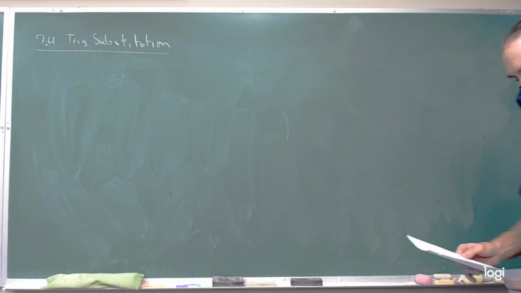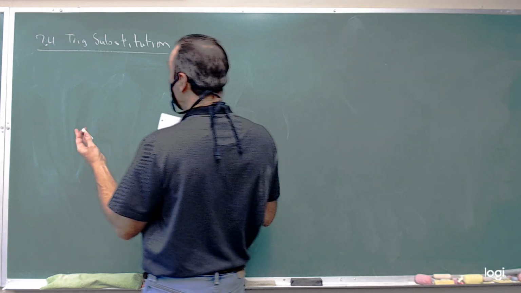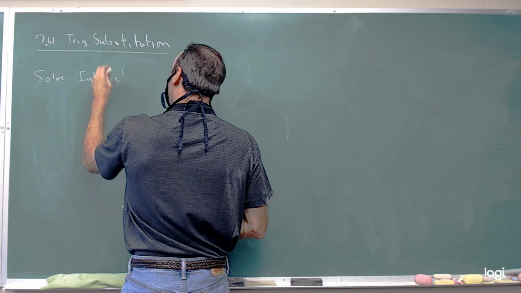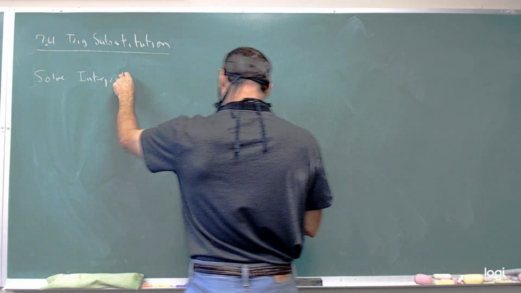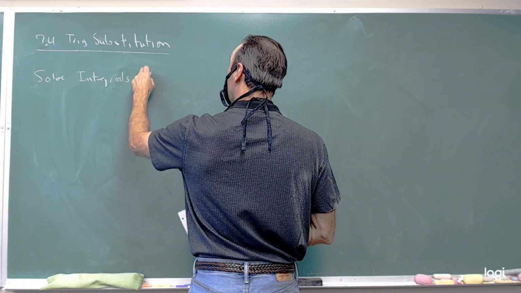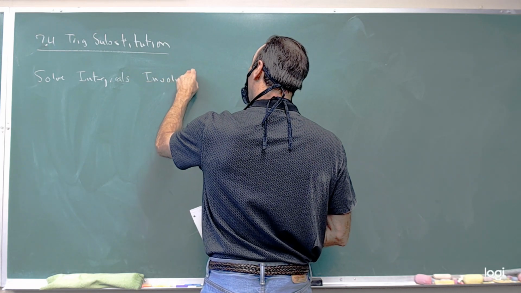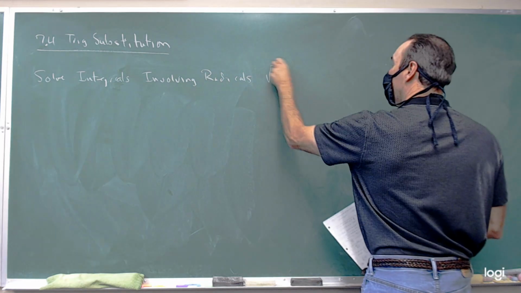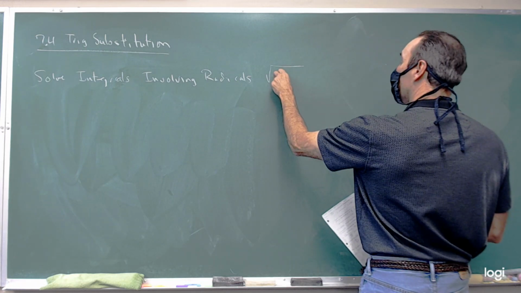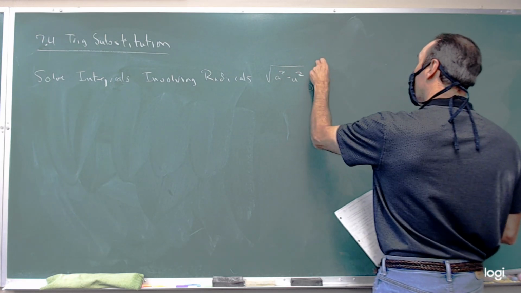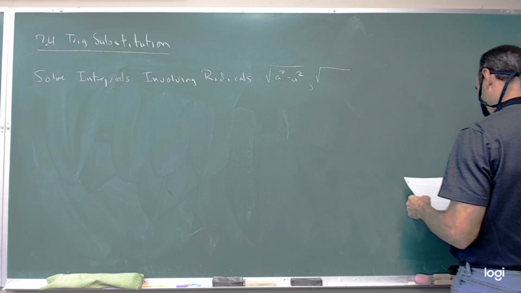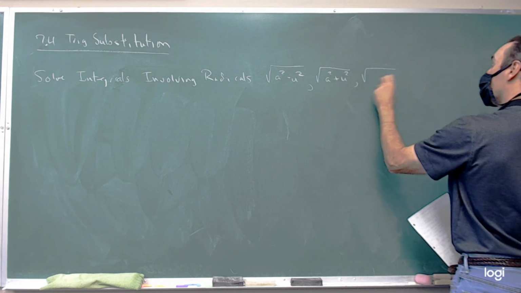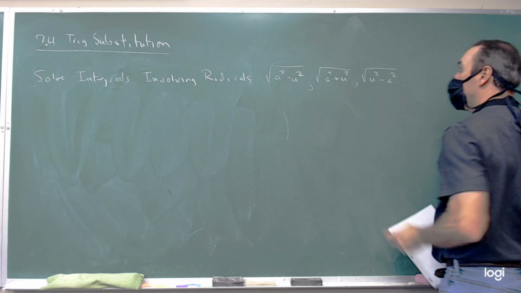So the purpose of this is to solve integrals involving these kinds of radicals. So specific kinds of radicals, things of the form the square root of a squared minus u squared, the square root of a squared plus u squared, and the square root of u squared minus a squared.